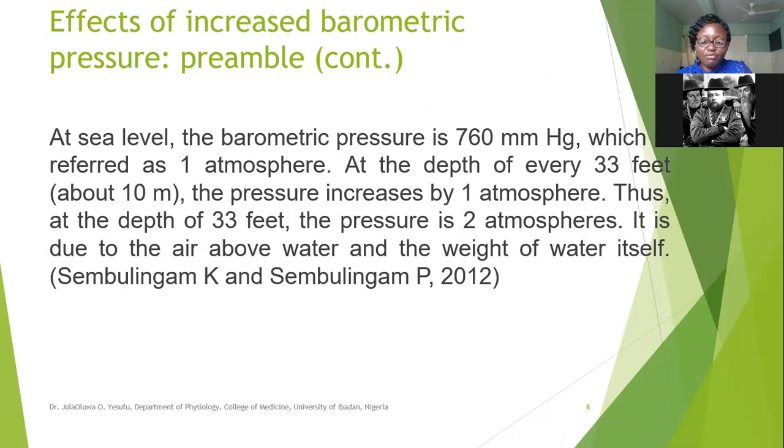So at sea level, the barometric pressure is 760 millimeters of mercury, which is called 1 atmosphere. At the depth of 33 feet, that's about 10 meters, pressure increases by 1 atmosphere. So when you're at the depth of 33 feet, the pressure there is 2 atmospheres. This is because you have air above water, and it is due to the weight of that water itself.